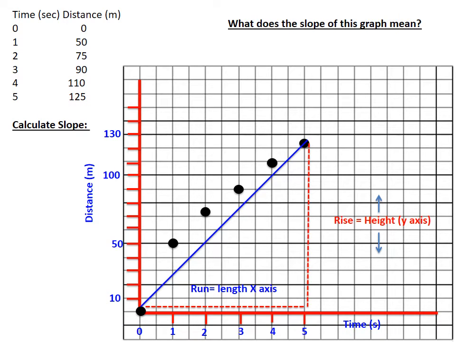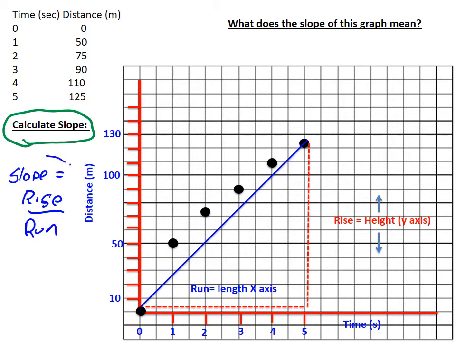So on this problem, you're asked to figure out how to calculate slope. What we know here is that slope is equal to the rise over the run. That's our equation.